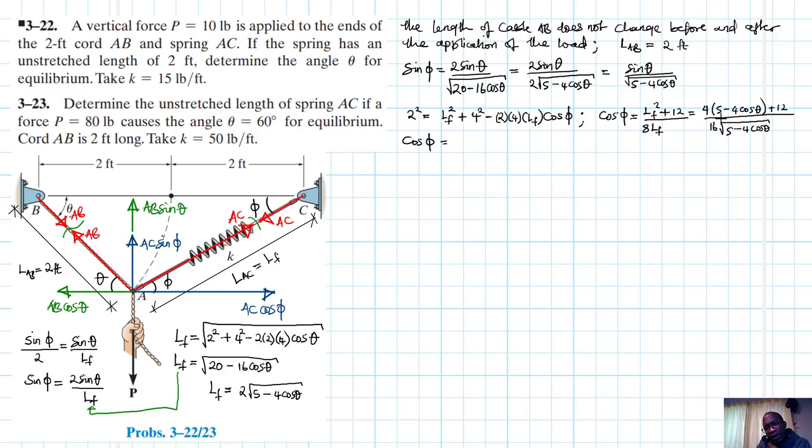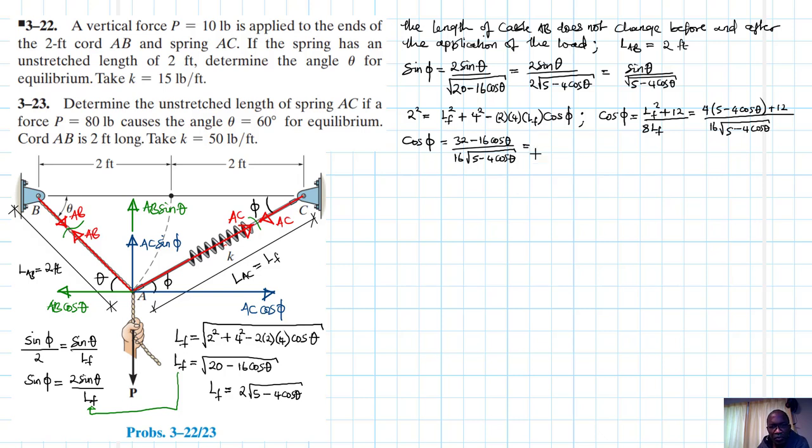We have a 20 plus 12, so this becomes 32 minus 16 cos theta, divided by 16 root of 5 minus 4 cos theta, which later on becomes just equal to, what is 16?